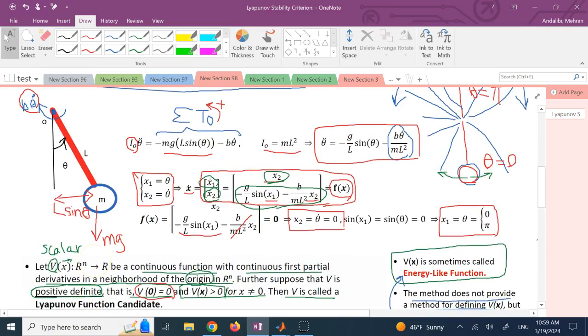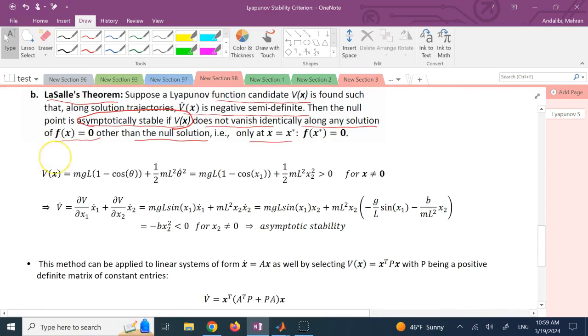Okay, so now let's go back and look at what? Look at the pendulum example. Remember, the equations for the pendulum are these two, right? The first order ODEs. Remember that we found two equilibrium points. Now we want to see which one is stable, which one is not. So here, we look at a V function.